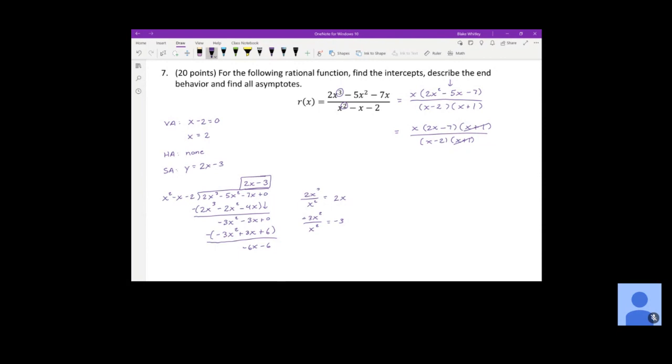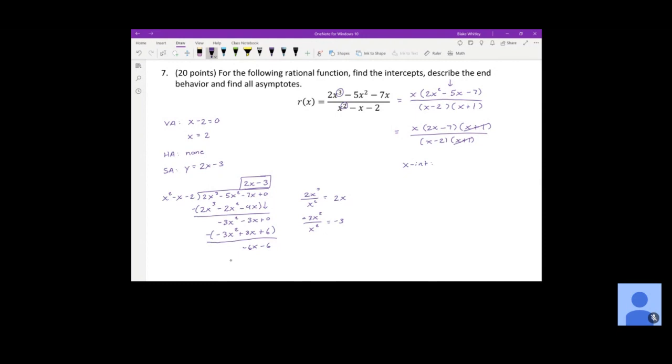Okay, now the other piece is the intercepts, right? So let's look at x-intercepts first. How do we find x-intercepts? Okay, so we set the entire equation equal to 0, right?